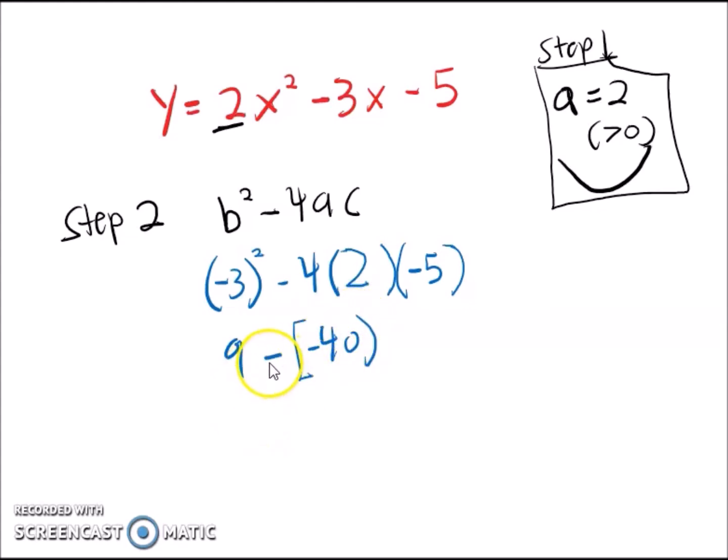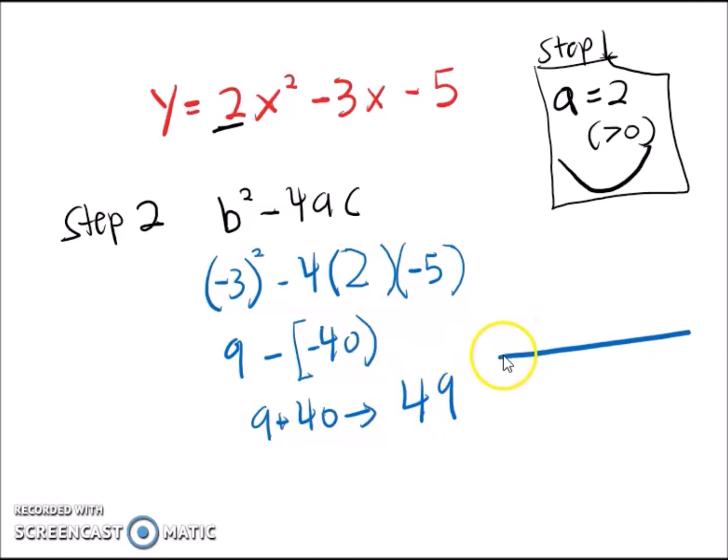And then negative with the plus, so you'll be getting a positive value which is 49. So it is definitely in the case that it is intercepting the x-axis at 2 points, here and here. So we know the facts. Step 1 done, step 2 done.